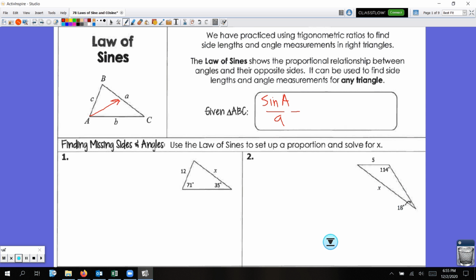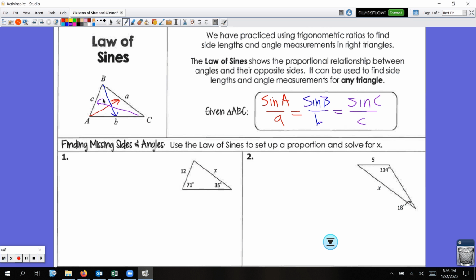That is equal to sine of angle B and the side opposite of B, which is little b, okay? Look here, see, opposite of angle B is little b. And then it's also equal to sine of angle C over side C, which is the side opposite of angle C, okay?